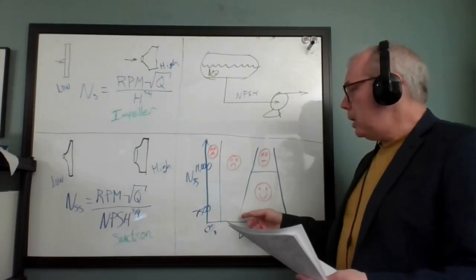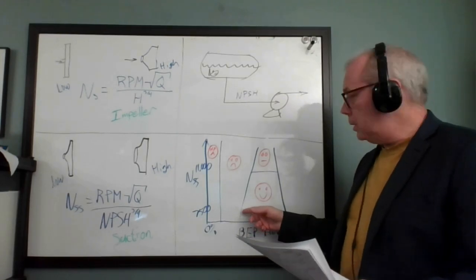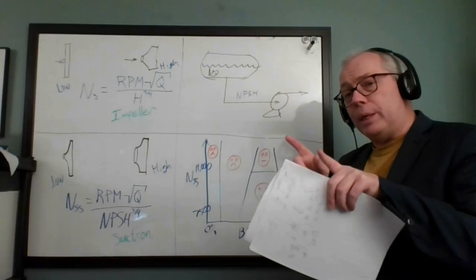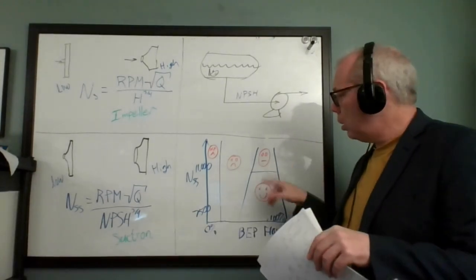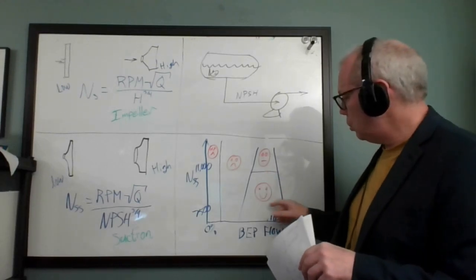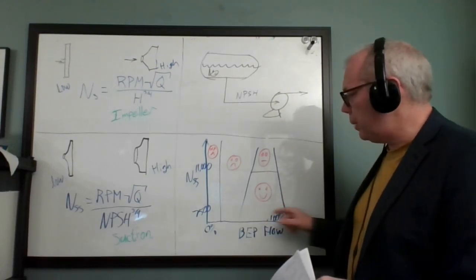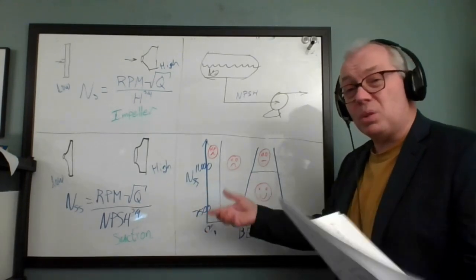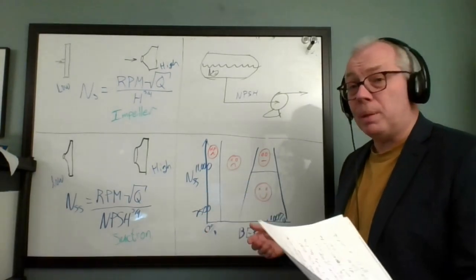Now, as we increase suction specific speed, the operating range of flow rates where this pump is happy goes down. If the pump has a nice wide operating range with a suction specific speed of 7,500, that's where I like to specify pumps.